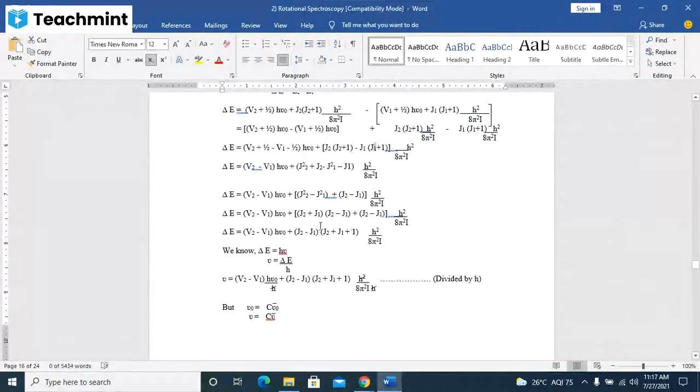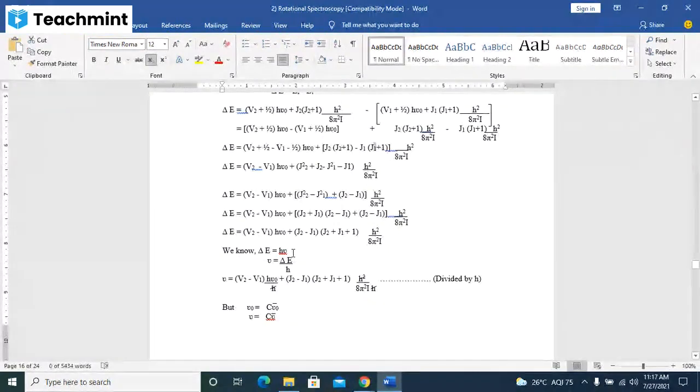Okay. Then once you solve these things, you will get like this. Delta E is equal to V2 minus V1 plus J2 minus J1 in bracket J2 plus J1 plus 1 h square upon 8 pi square I.